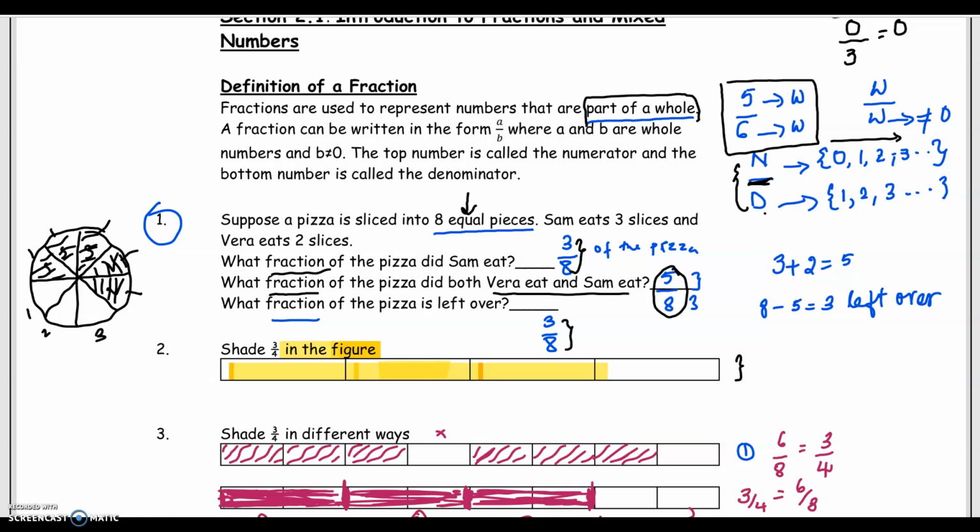So each is a quarter, because we divided it into 4 equal parts. Now, what is 3/4? We take 1, 2, 3. 3 out of the 4 equal parts is 3/4.